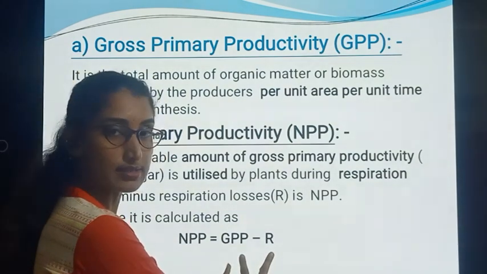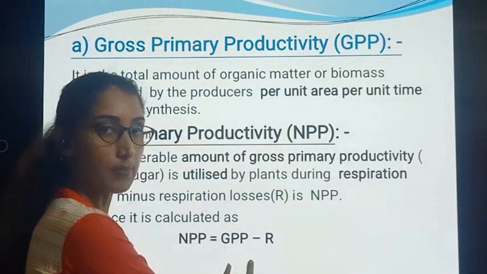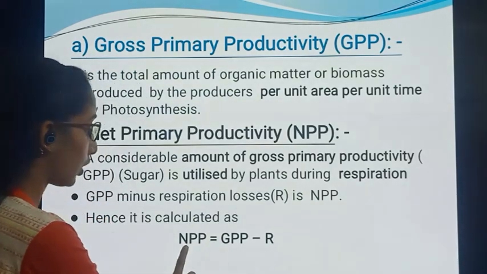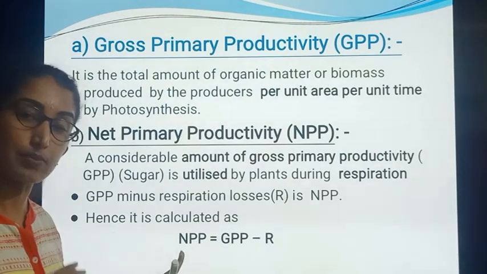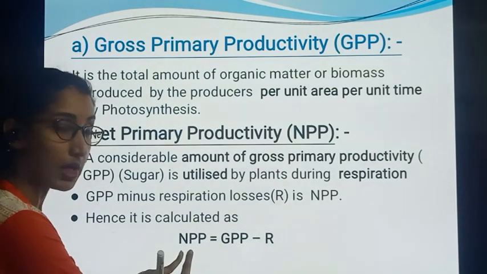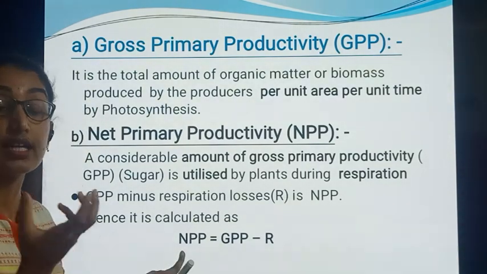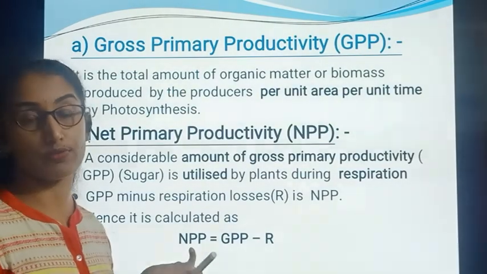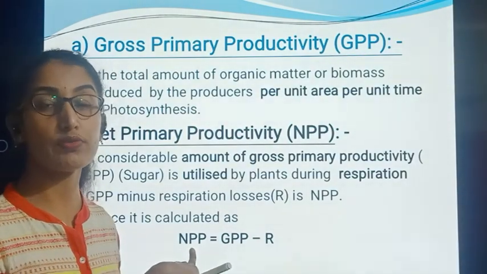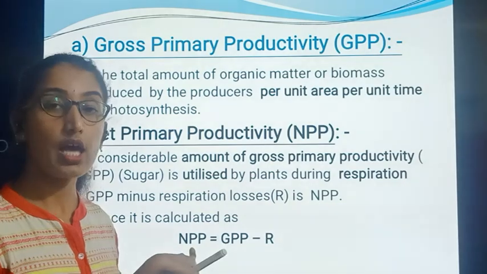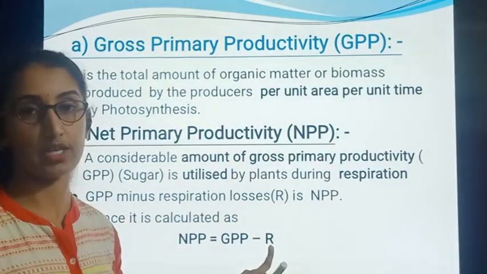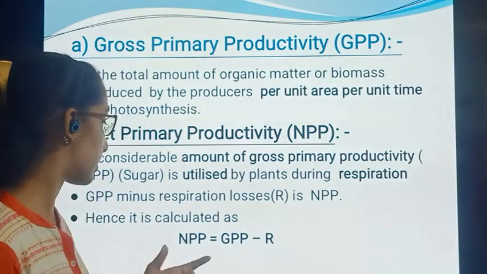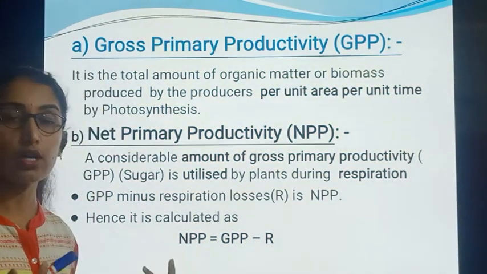When we subtract this from the gross primary productivity, we get the net primary productivity. That means net primary productivity is the remaining amount of organic matter after the completion of respiration.